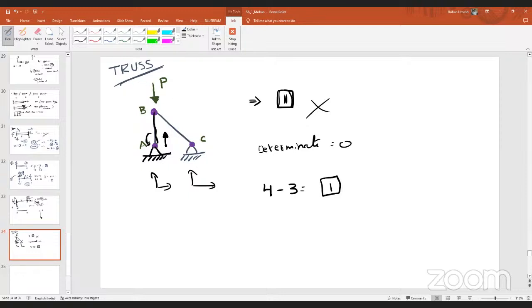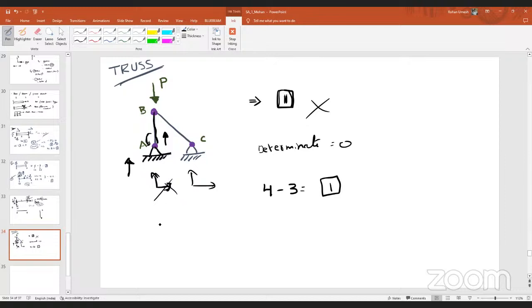Because of the load P, member AB will transfer only vertical forces to support A. So the reaction direction is vertical. Even though this support is capable of taking both horizontal and vertical forces, because of the arrangement of this truss, only vertical force will transfer through the support. There won't be any force along the horizontal direction.